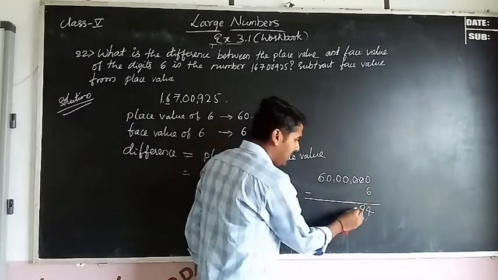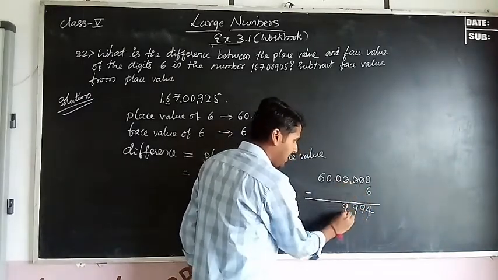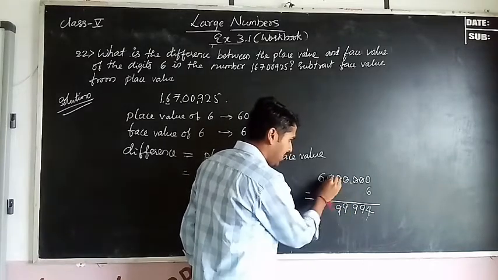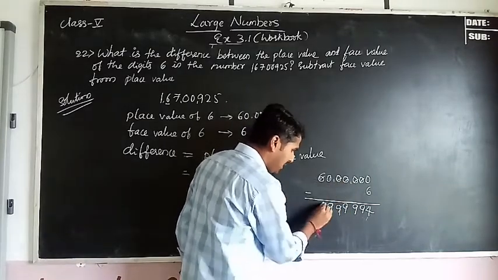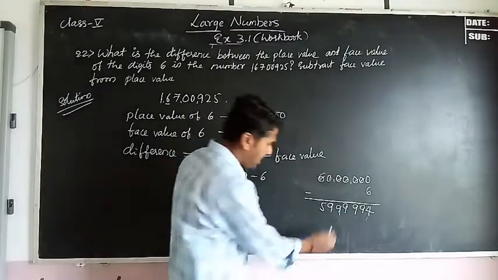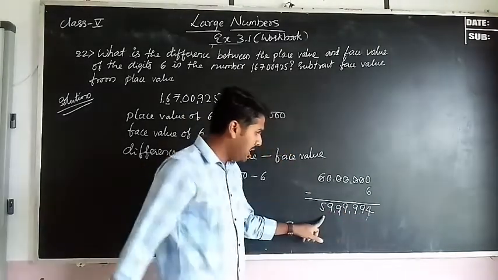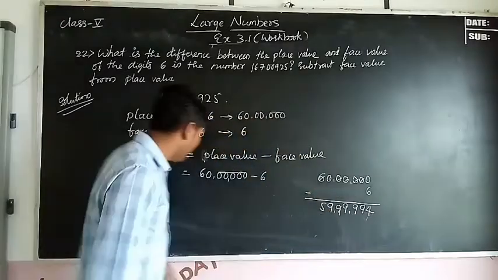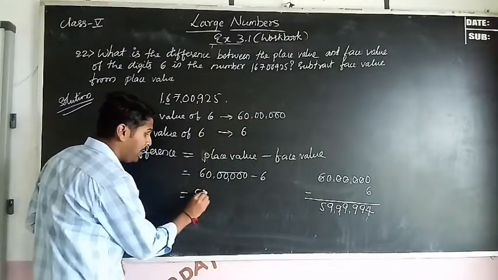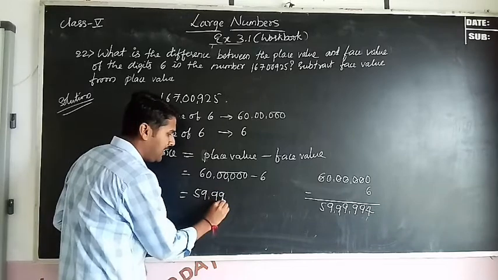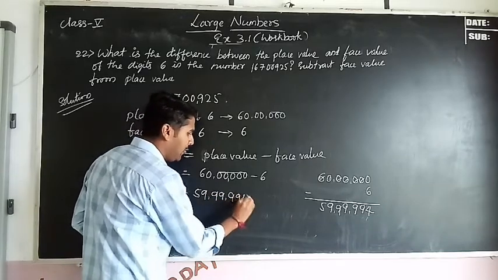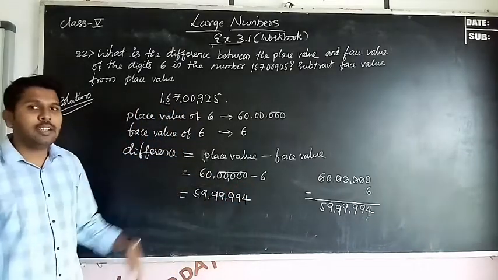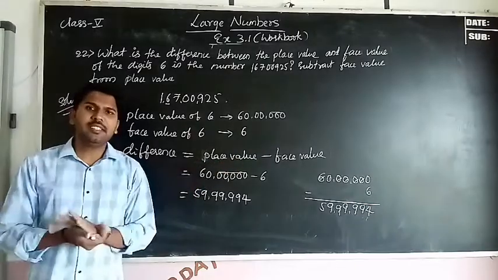Again 1 cancel, 9. 1 cancel, 9. Cancel, 9. Here 1 cancel means 5, no? So what is the number? 59 lakh 99,994. So what is the number? 59 lakh 99,994. Okay, this is the difference between place value and face value.